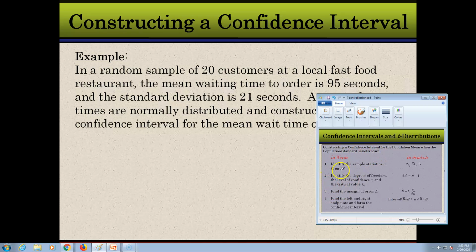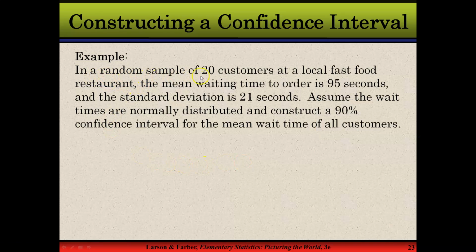So step number one, you need to find the sample size, N, the sample mean, X bar, and the standard deviation, S. Okay, so if we read this problem: in a random sample of 20 customers at a local fast food restaurant, the mean waiting time to order is 95 seconds and the standard deviation is 21 seconds.